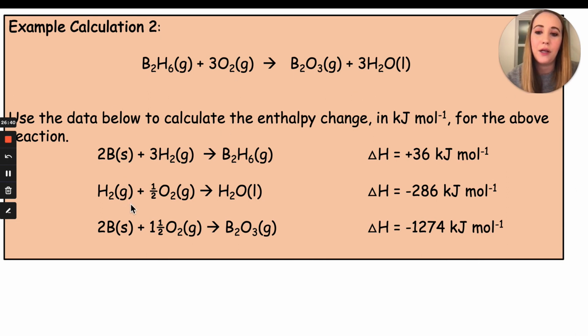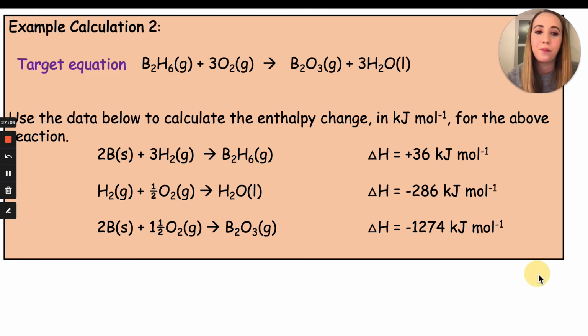And we've got three equations that we're going to use and three delta H values. Sometimes you get a different number of equations. It just depends how many are needed for you to construct the target equation. So most of the time it'll be three. Some questions you'll only need two. The odd question you might have four equations to work with, but three is generally what you end up with.